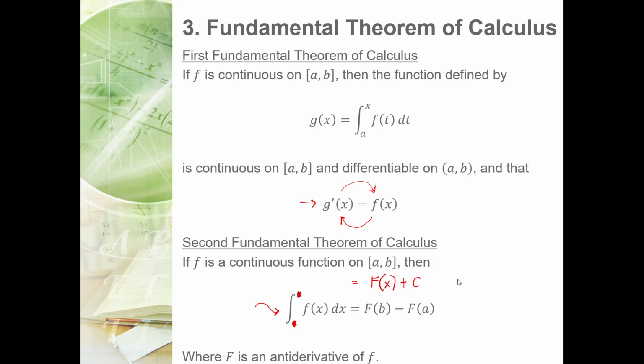Now, if we add limits of integration, let's say we have the lower limit a and the upper limit b. This one is the lower limit, and this one is the upper limit.